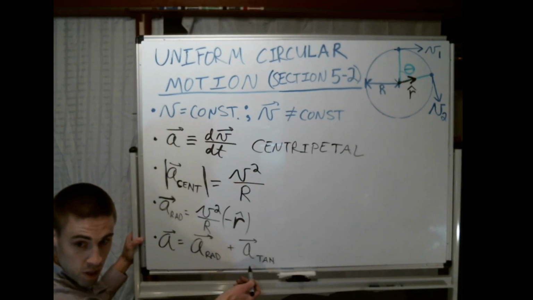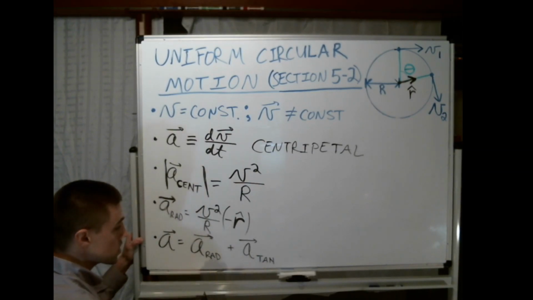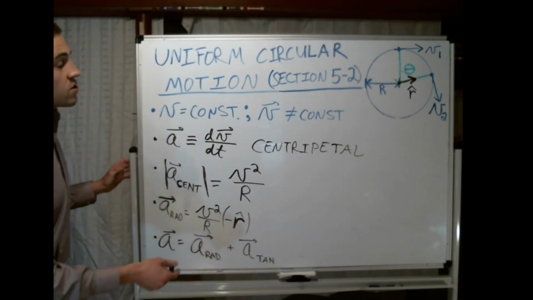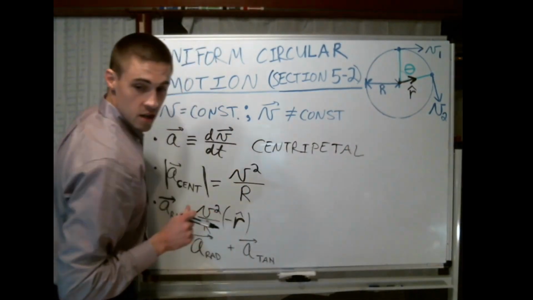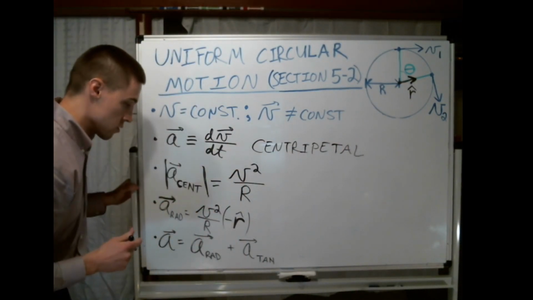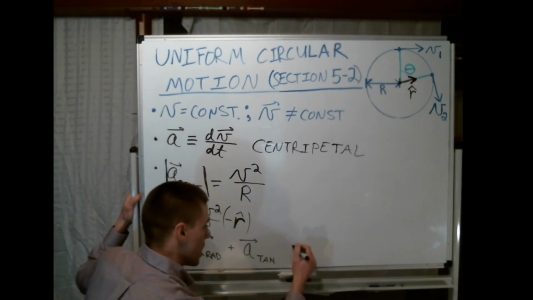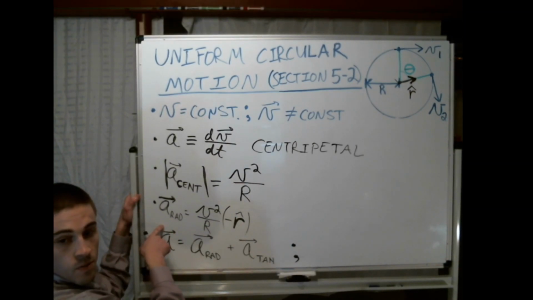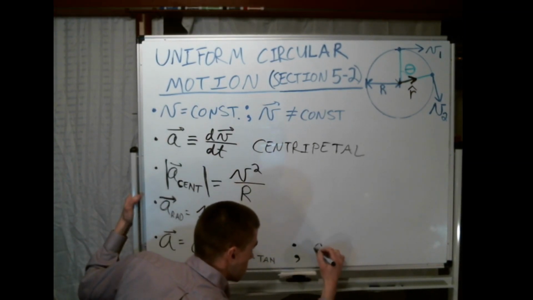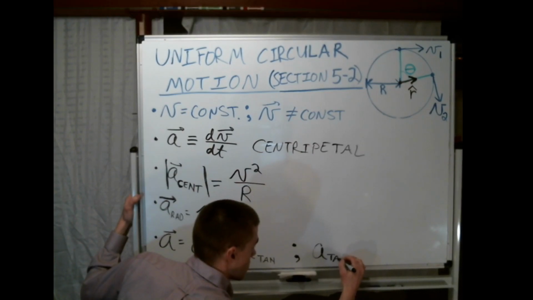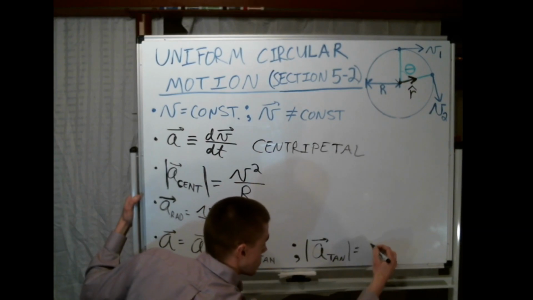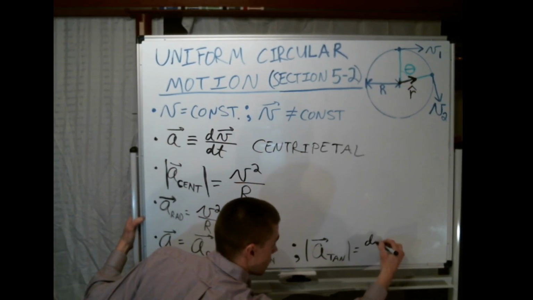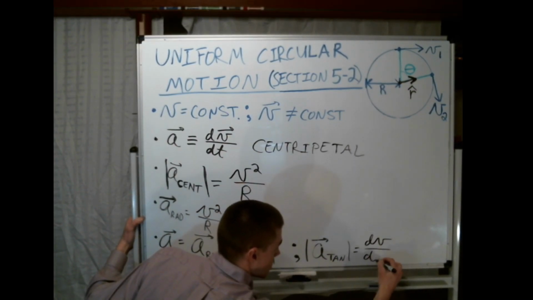The tangential component of the acceleration would come from the change in the speed of the object in the case of general motion. So we would have the exact same radial form as written up here, and the tangential component has a magnitude equal to dv/dt.